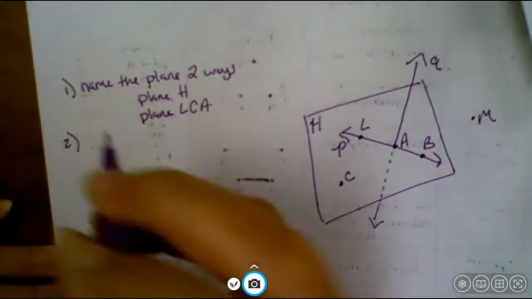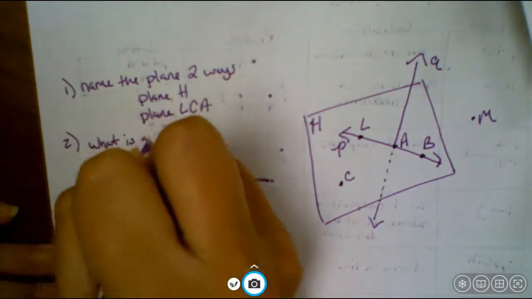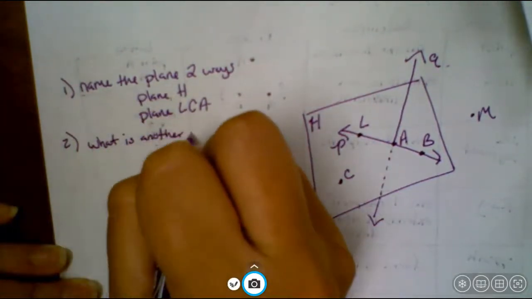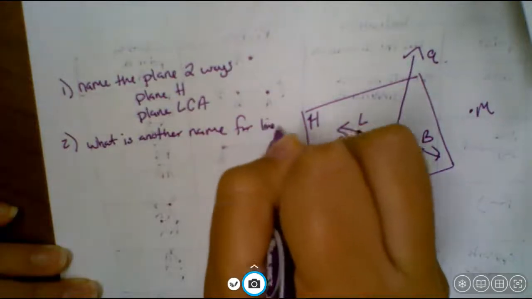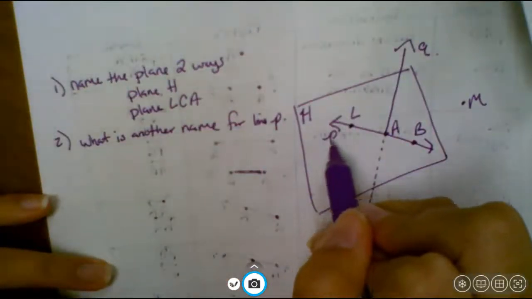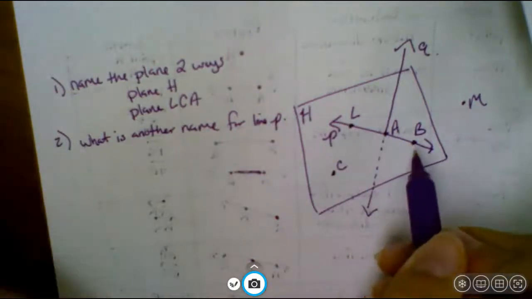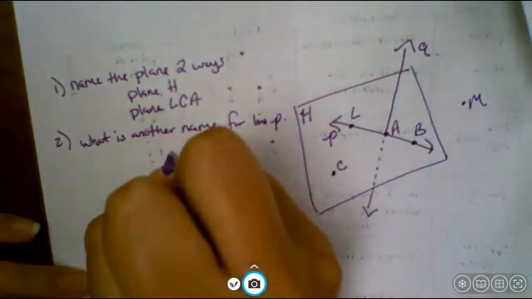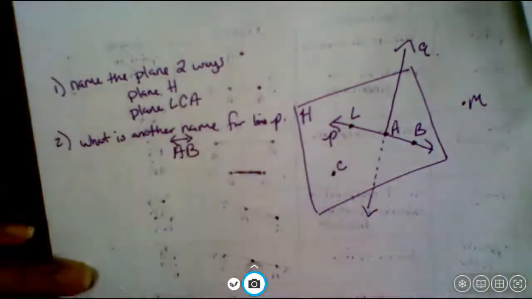The next one that we're going to do, what is another name for line P? Line P. I'm going to find my pretty little cursive P, and that's talking about this line. How else can we name a line? We pull 2 points off of that line, so like A and B, and put a line above them.